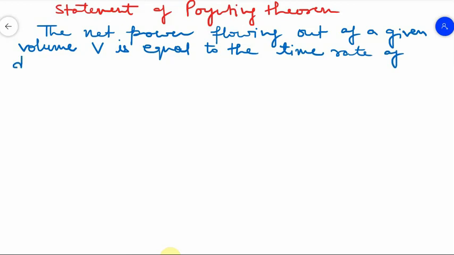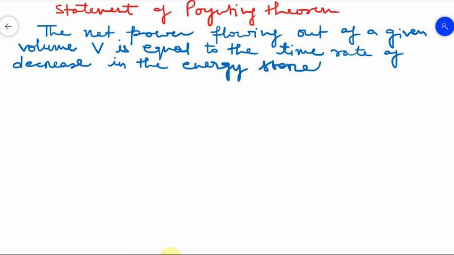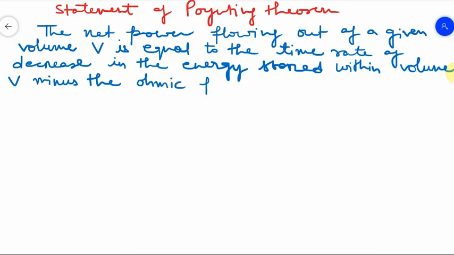of decrease in the energy stored within volume V, minus the ohmic power dissipated, that is I square R, what we say.